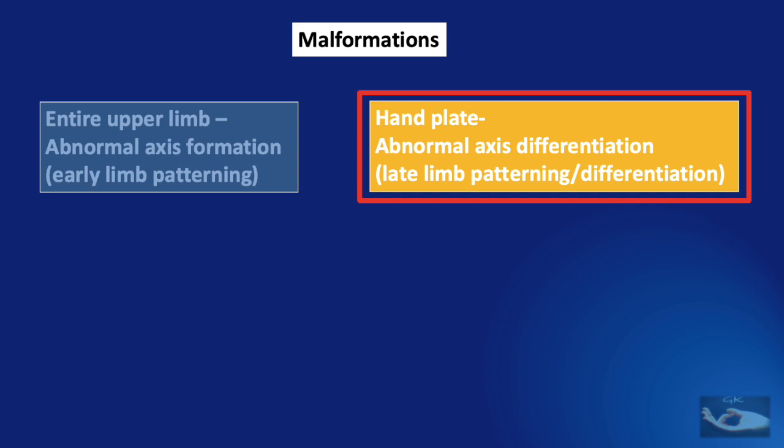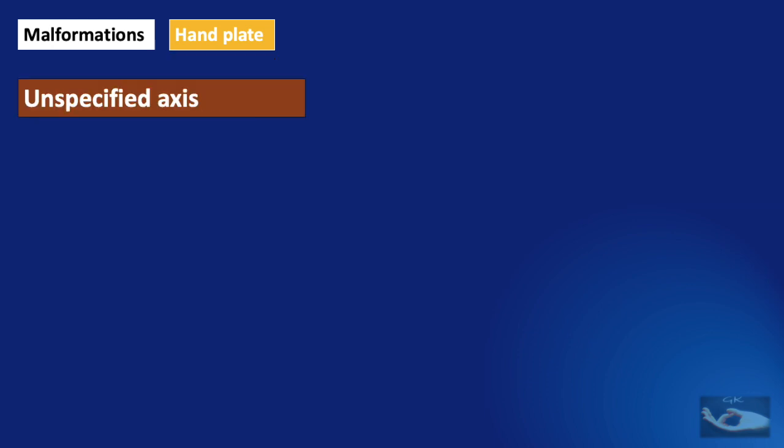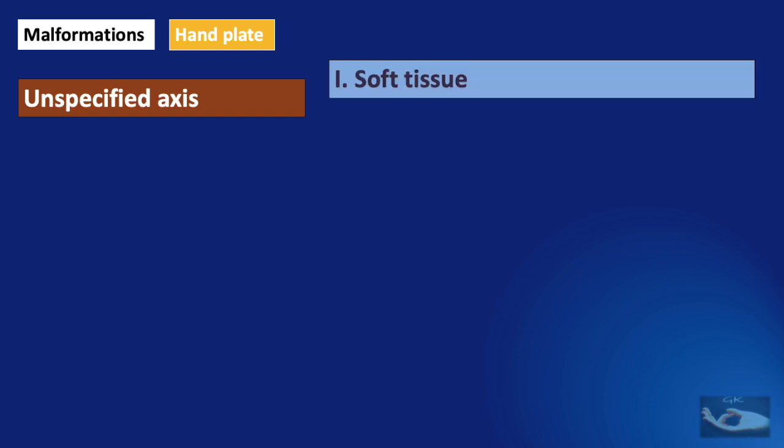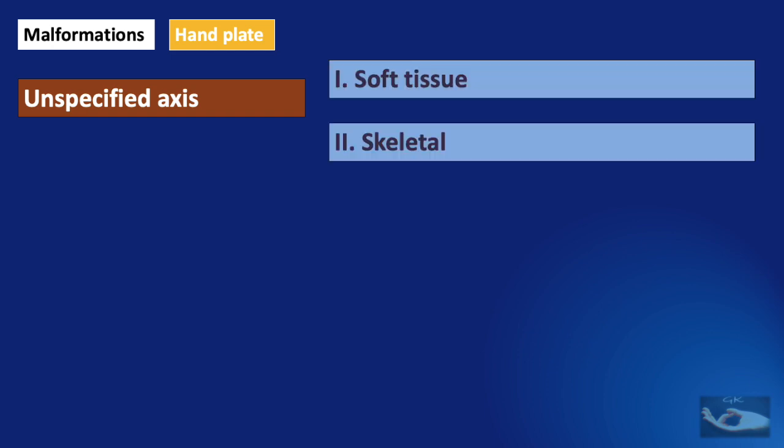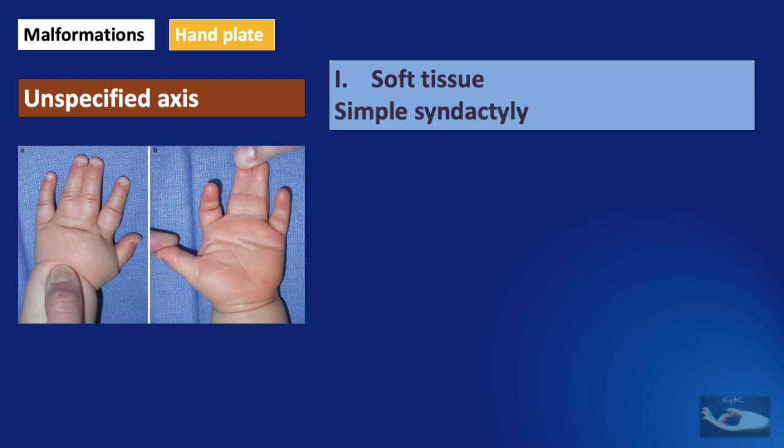Let us see how. Hand plate malformations can affect the proximal distal axis, radial ulnar axis, dorsal ventral axis, or an unspecified axis. Under this malformation of the hand plate of unspecified axis, we could have soft tissue involvement, skeletal involvement, or complex involvement. Simple syndactyly falls under this soft tissue involvement.